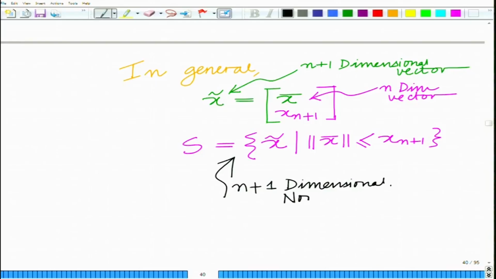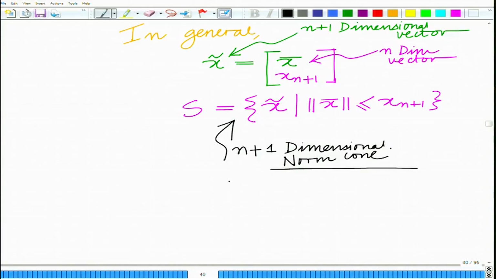The relevance to us is that this is a convex region, and it is a fairly important class of convex regions.